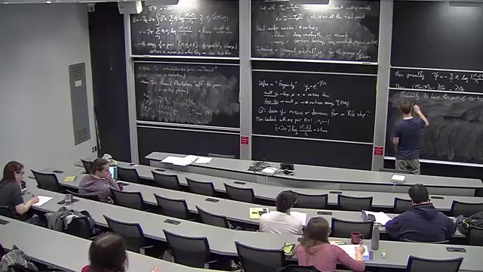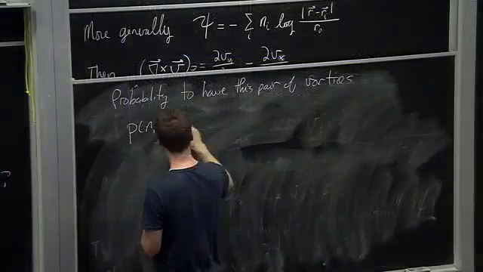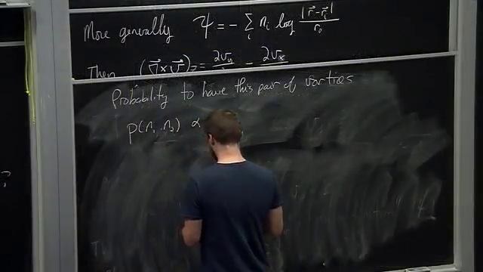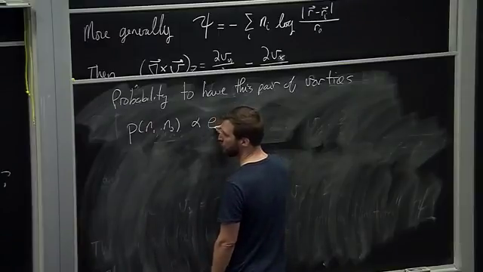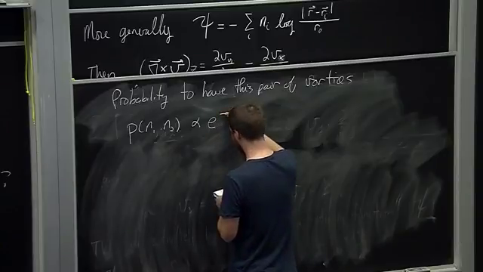I'll call it P(n1, n2). There are 2 fugacities for the 2 vortices.